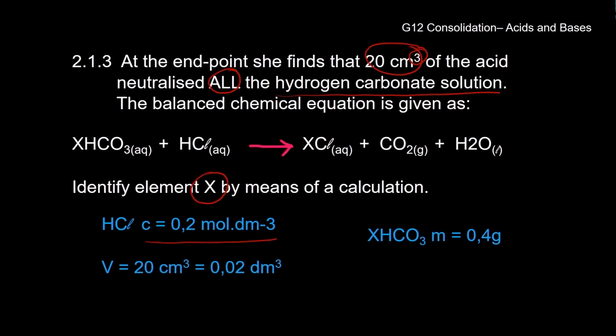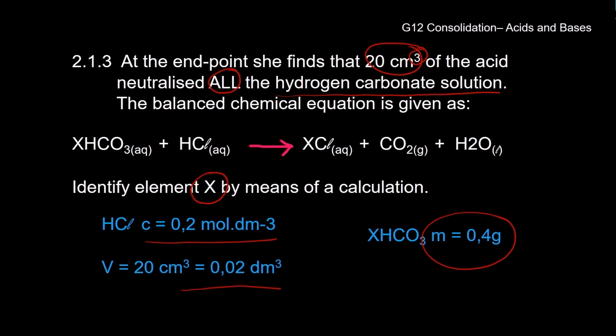What do we have though? We've got concentration of HCl, we've got volume of HCl, which has been converted into decimeters cubed. And we have got an initial mass of this unknown substance, the hydrogen carbonate substance. And we also have got a ratio.